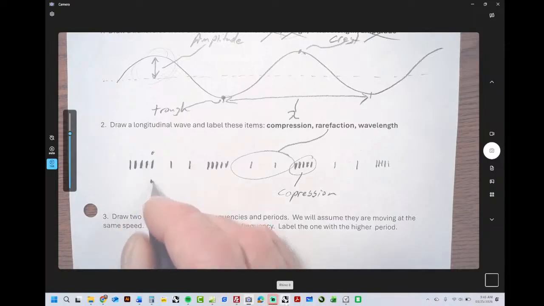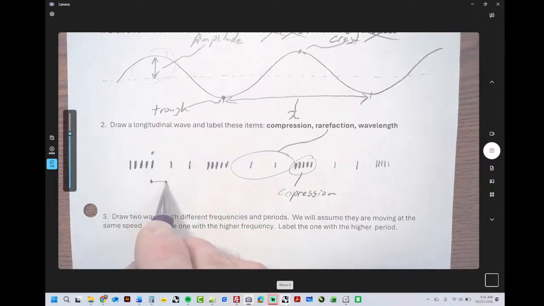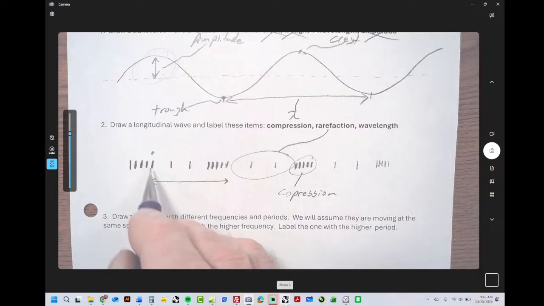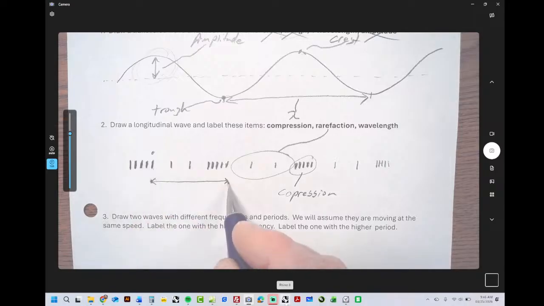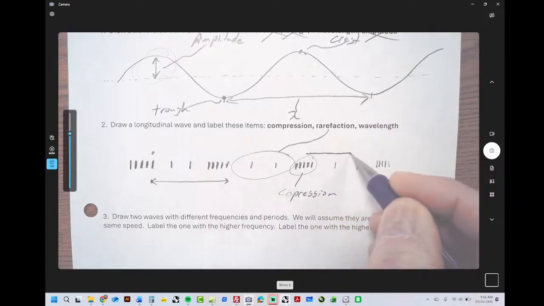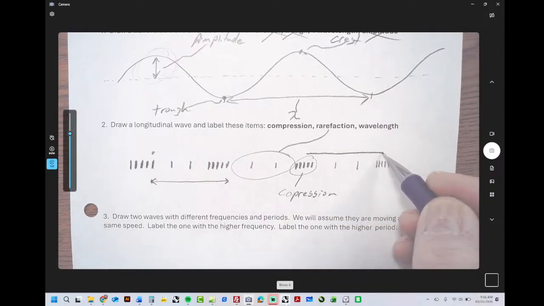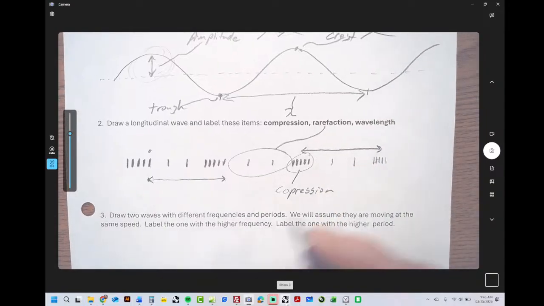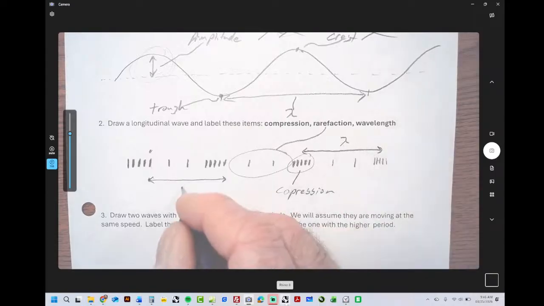If I started here, tell me where I would complete one wavelength. Right there. That's one full cycle. So start from the end of a compression, go to the end of a compression. You could start in the middle of a compression and go to the middle of the next compression. You could, so any part, just go to the next part that's the same, and that would be a wavelength.